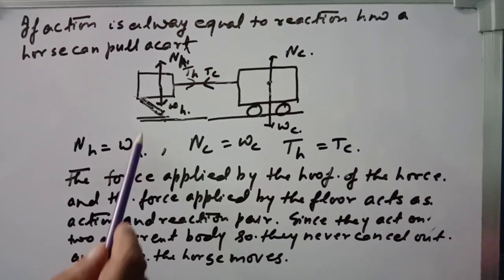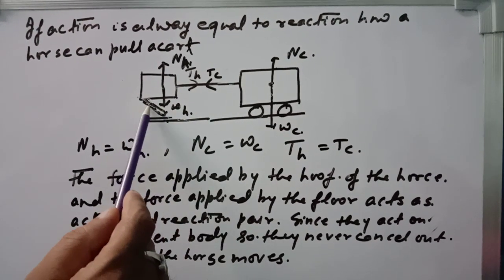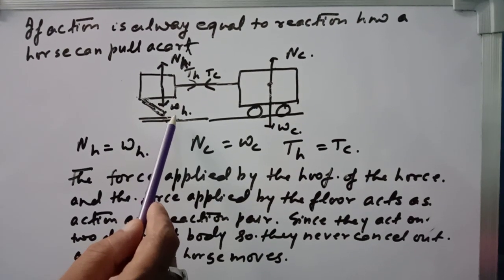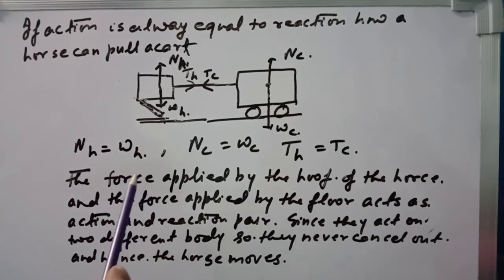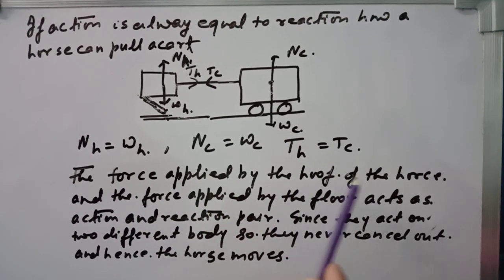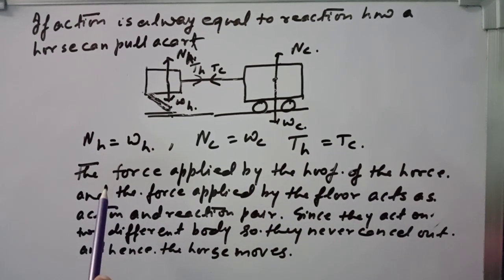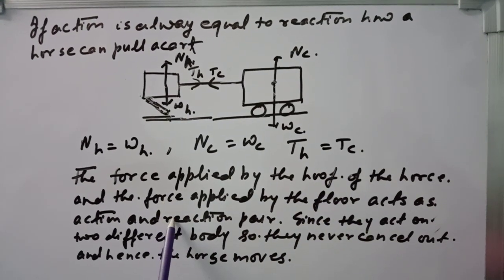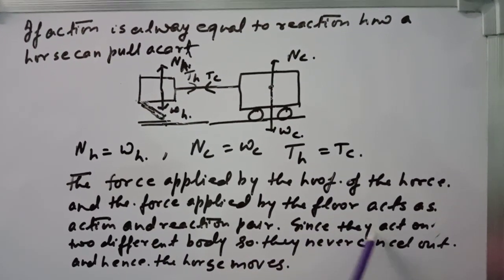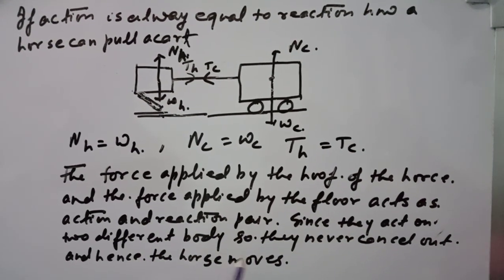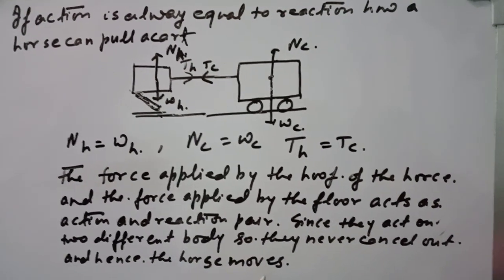That means there is action and reaction between the hoof and the floor. This is the reason that the cart moves forward. I have clearly written here that the force applied by the hoof of the horse and the force applied by the floor act as an action-reaction pair. Since they act on two different bodies, they never cancel out, and hence the horse moves.